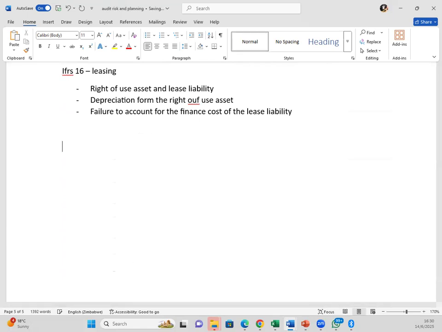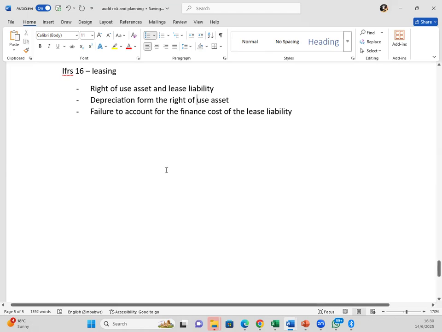You don't just start by saying there's a risk that they did not depreciate the right of use asset. Is there anything mentioned in the question that is leading us to think that? Why have you thought like that?